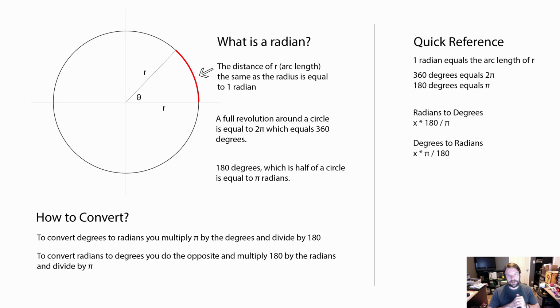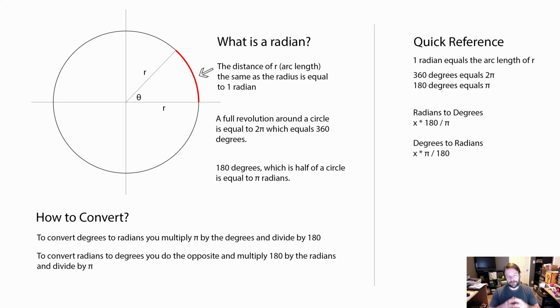Our first question is: what is a radian? If you're looking at a circle and you draw a radius from the center to the outside of the circle, and another radius, you have what's called an arc length between the two radii that you've drawn. You've got your theta at the center point of the angle.